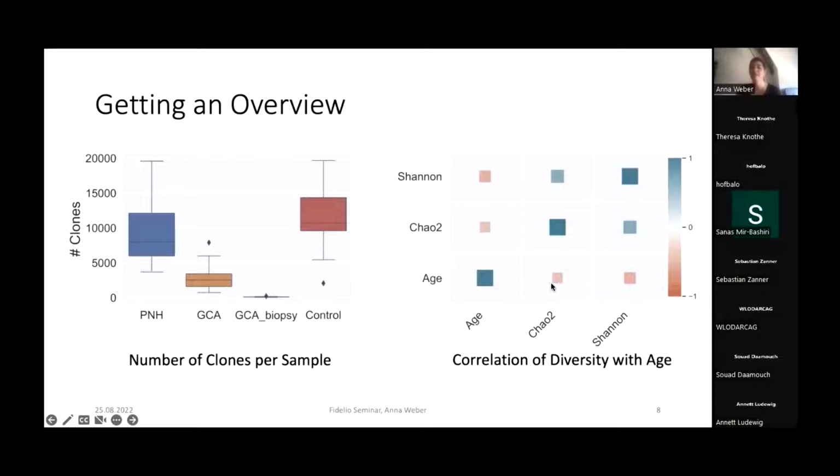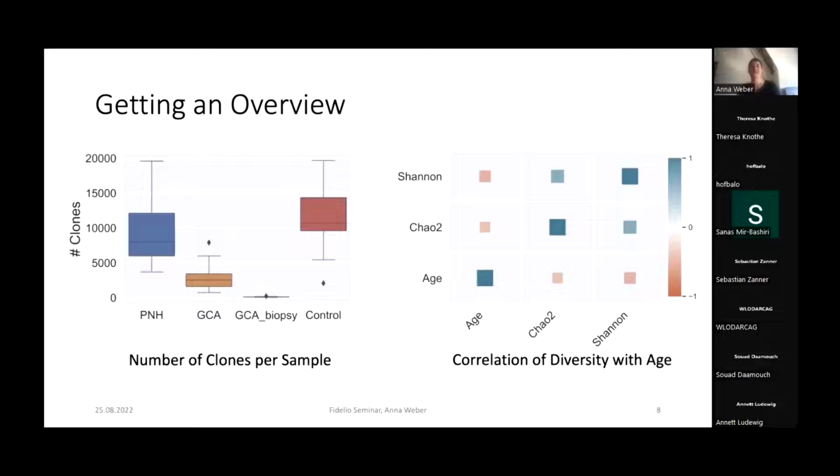And we see that they're clearly anti-correlated to age. So basically, the higher the age of the subject, the lower the diversity. And that's what you would expect from literature.